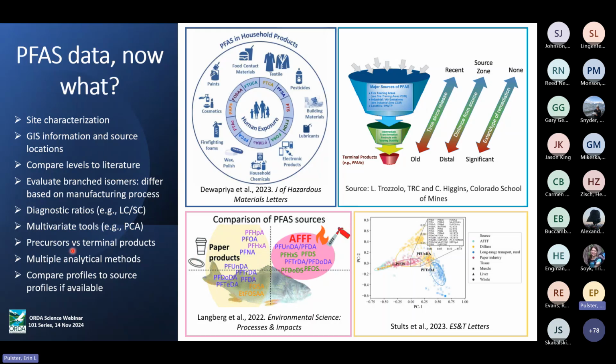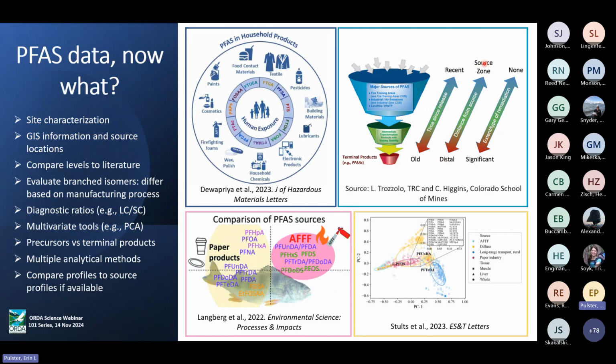If you have information on precursors and the terminal products, you can look at recent deposition versus old deposition. Recent would have a lot of those precursors, whereas an old weathered source, let's say, might have more of the terminal end products. You can look at the distance between a source and where you're measuring to determine the same thing.